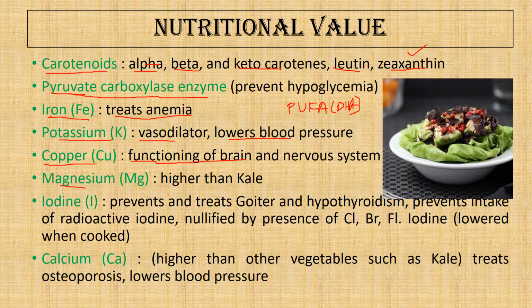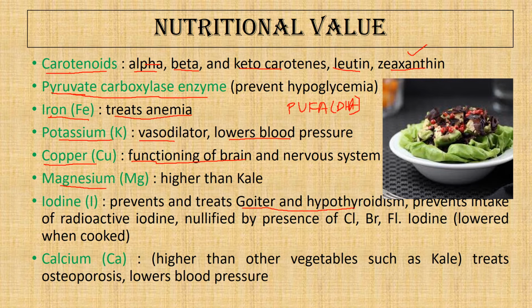Another is magnesium. In fact, the amount of magnesium that is present per gram body weight of dulse is much higher than that of kale. Also, if you have goiter and hypothyroidism, then this diet of dulse is very good for you because it will help you get rid of your disorders, especially goiter and hypothyroidism.